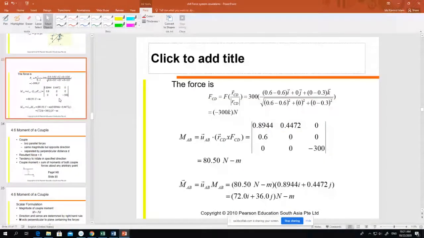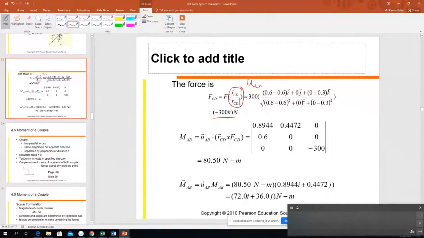Why don't we multiply it by UAB or UAC? You see, it has been done here. This is actually UCD multiplied by F. But because it is directly, straightaway downward, without this calculation you can write it down.